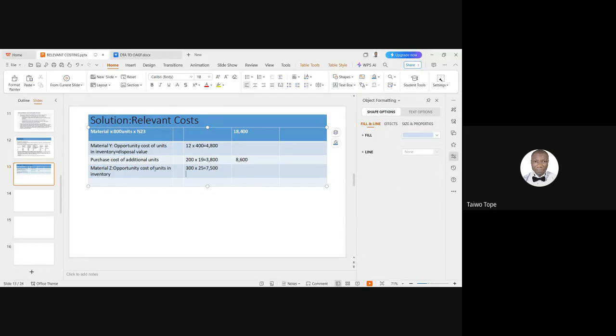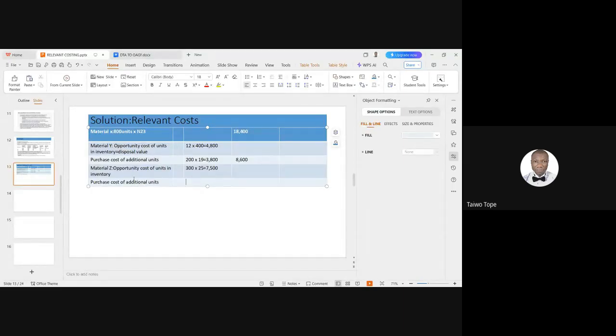And the remaining balance, that is the purchase cost of additional units.